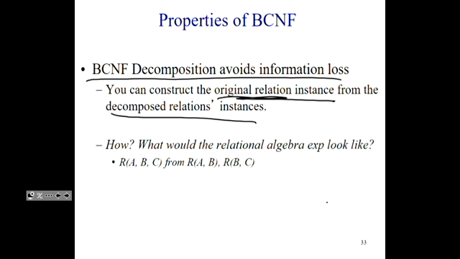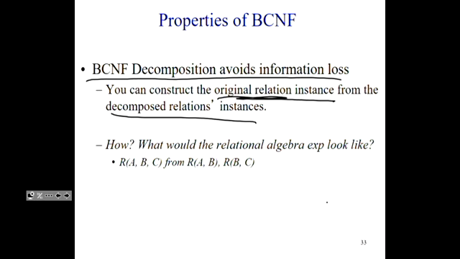There is no information loss, nor are you adding junk information that shouldn't exist. The same set of information is there in the original relation and in the decomposed relations. This is important, right? You don't want your decomposed relations to introduce new data or new aspects that are not found in the old data, or to lose information that was found in the old relation. You don't want either of those things.